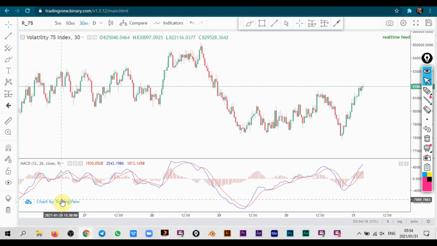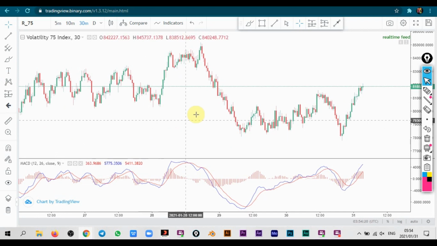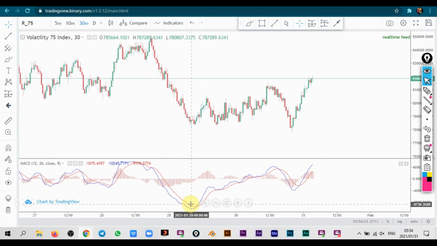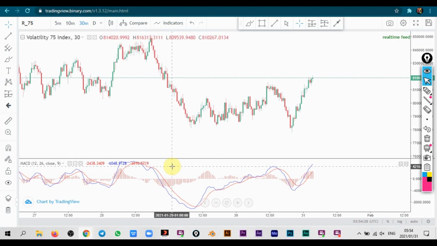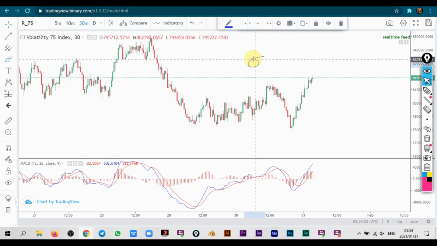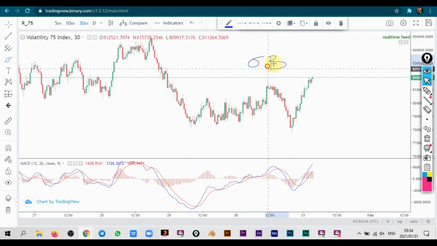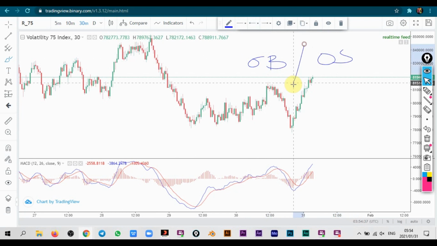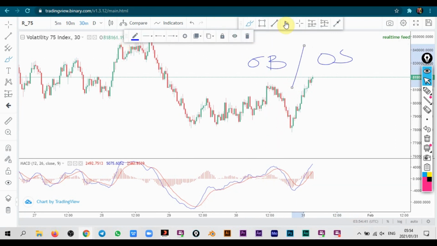Here, what you need to know is that this tool looks like an oscillator, but it actually works differently from an oscillator, because we know that oscillators are there to show you zones of overbought and oversold. But this one works quite differently.